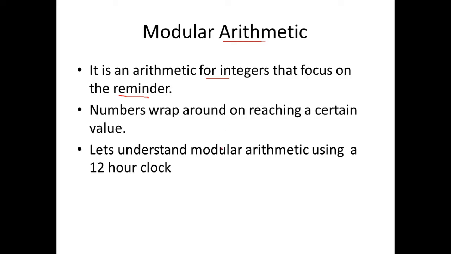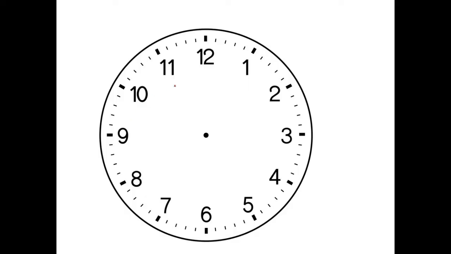We'll understand what this arithmetic is by taking the example of a 12-hour clock. So this is a 12-hour clock. You see here, this clock contains all integers that we agree upon. And the next thing is, if you take a look at the numbers, it starts from 1, 2, 3, 4, 5, 6.